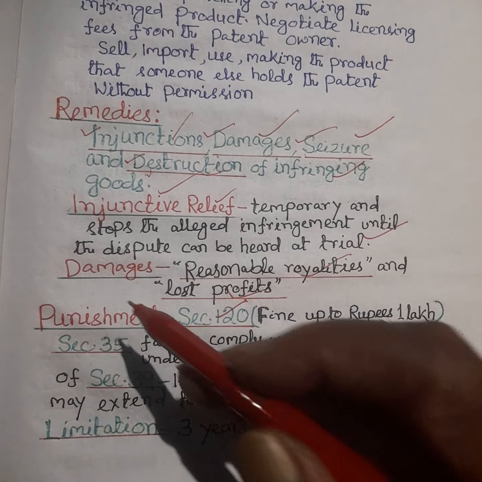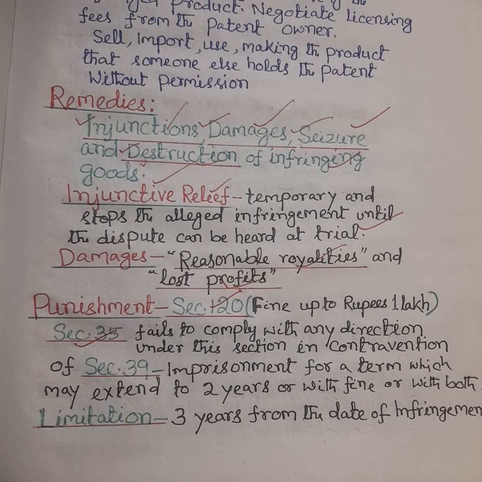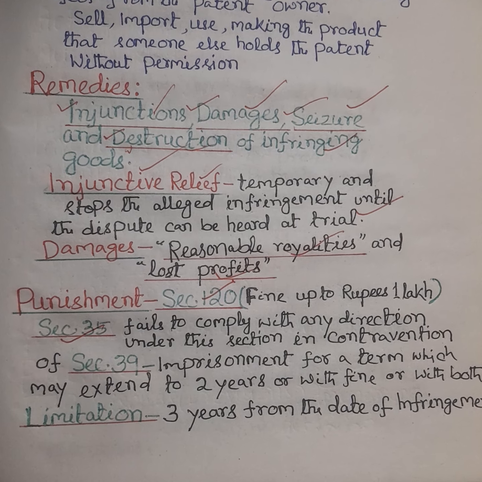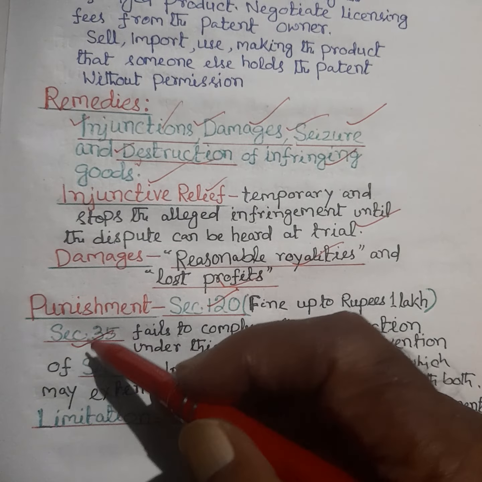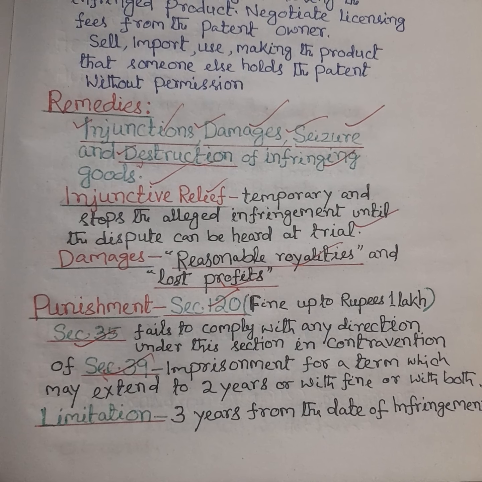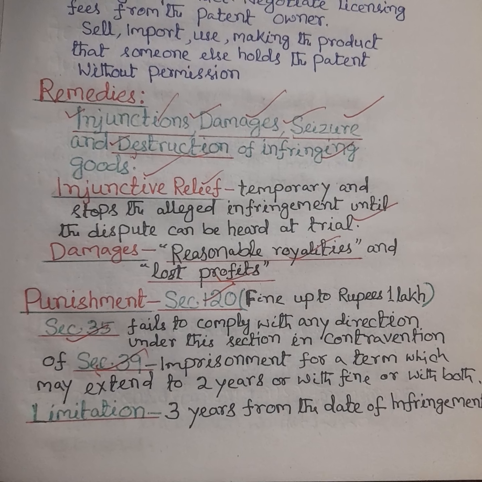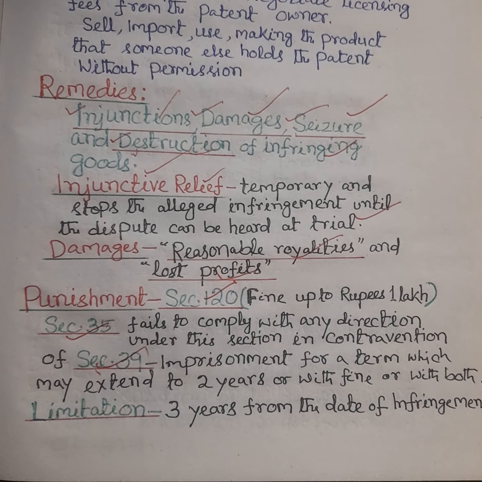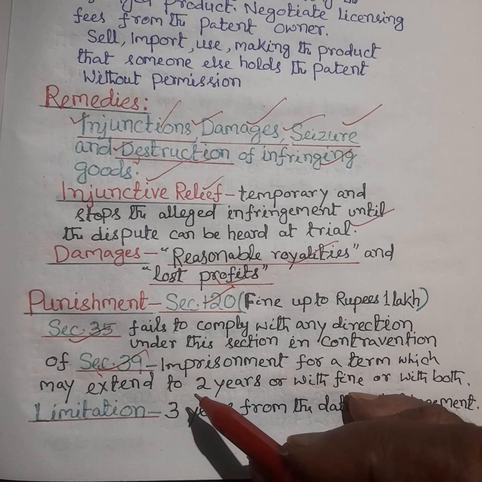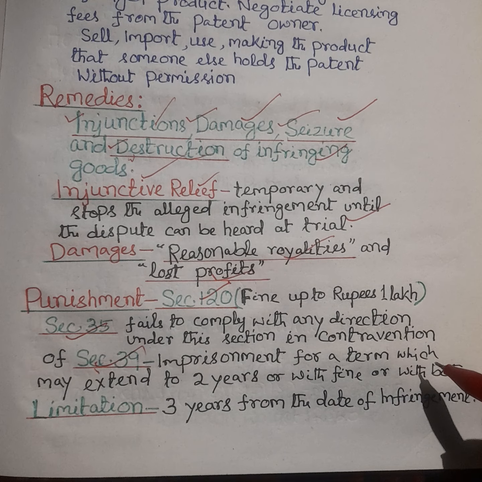And as per section 35, if one fails to comply with any direction under this section, in contravention of section 39, which deals with provisions of infringement of a patent, there would be imprisonment for a term which may extend to 2 years, or with fine, or with both.